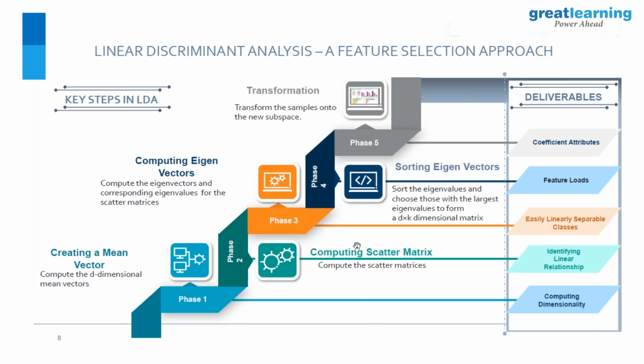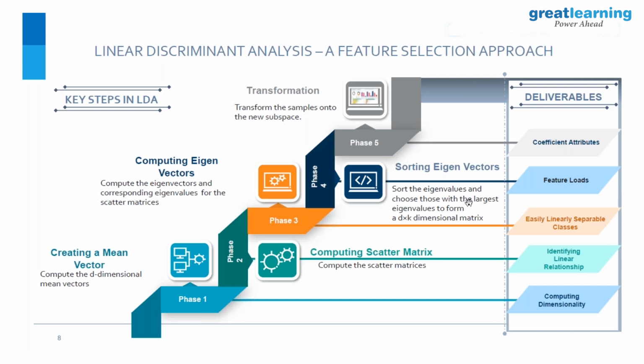Once we have the scatter matrix, we calculate the eigenvectors, which I mentioned as nothing but a set of linear equations satisfying certain conditions. Once we have the eigenvectors, we calculate their eigenvalues, which is nothing but, if this is a matrix, this is a determinant. There are predefined relationships for getting eigenvalues from the eigenvectors. We sort them, and then we take the largest eigenvalues to form a D cross K dimensional matrix.